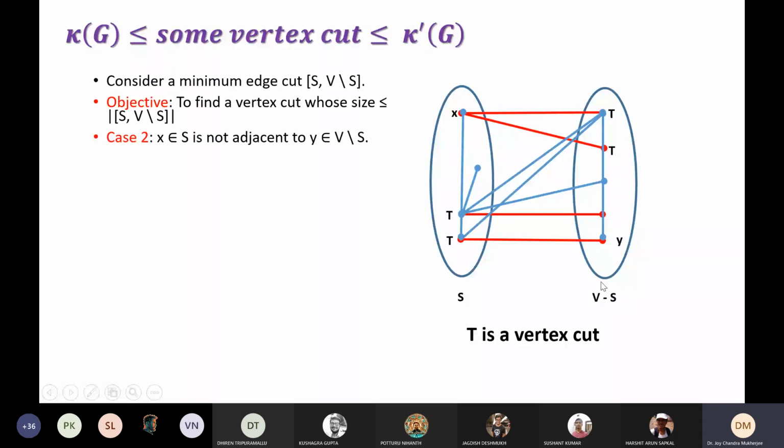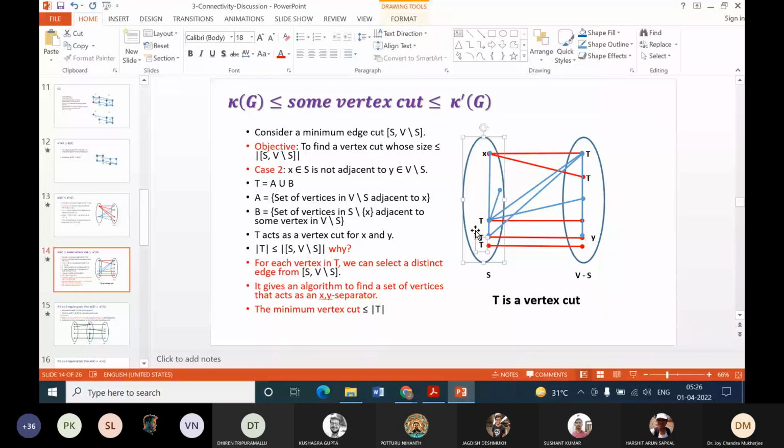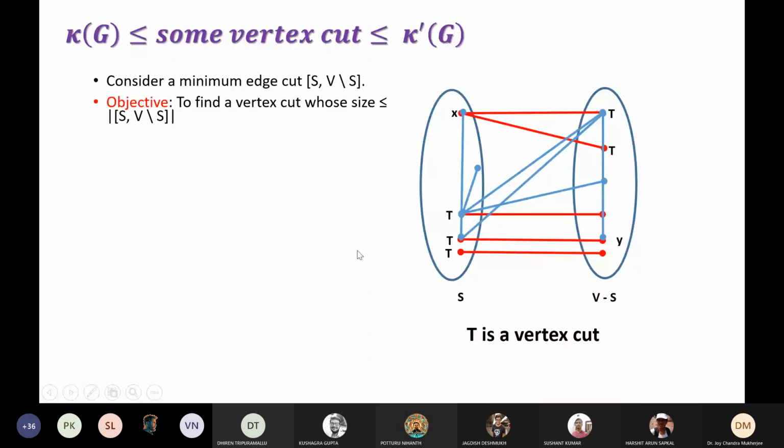Okay, so for example, T is a vertex cut whose size is less than or equal to the edge cut. So what will I do for T?